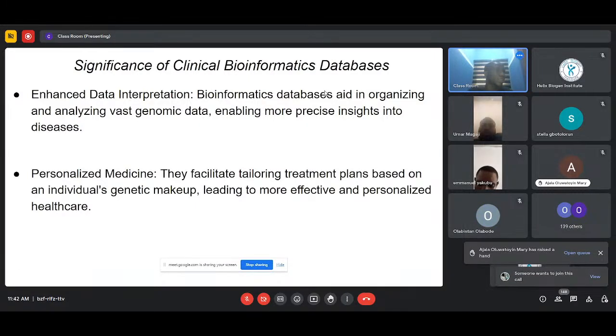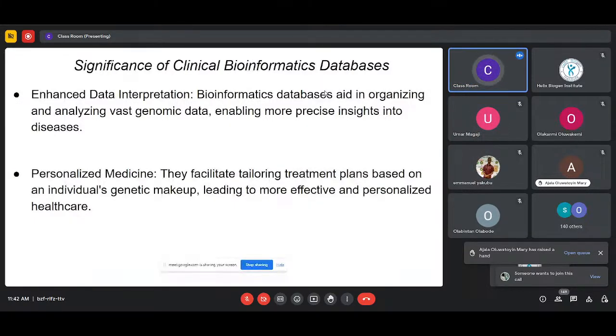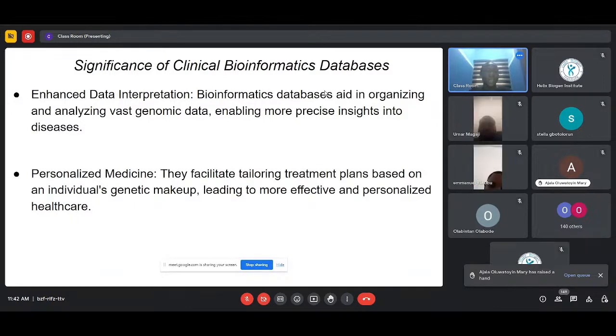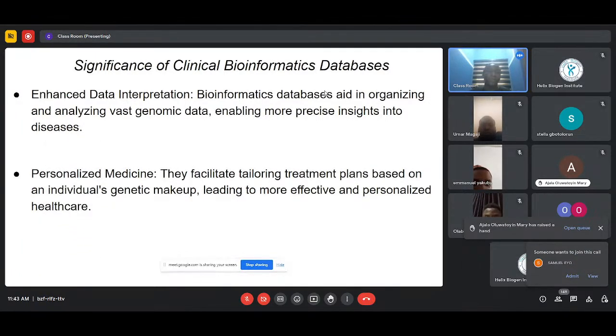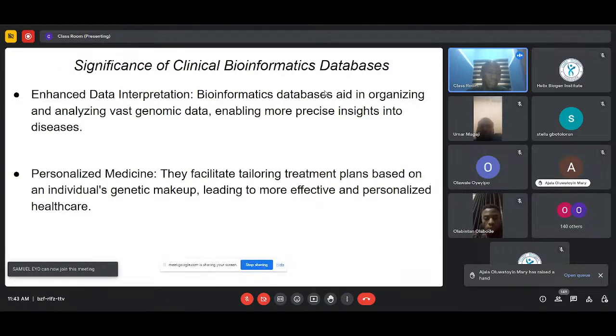How can we make inferences for clinical reference from all of these databases? The first thing is that it enhances data interpretation. The databases are very organized, and we can gain insights on a particular disease from them.